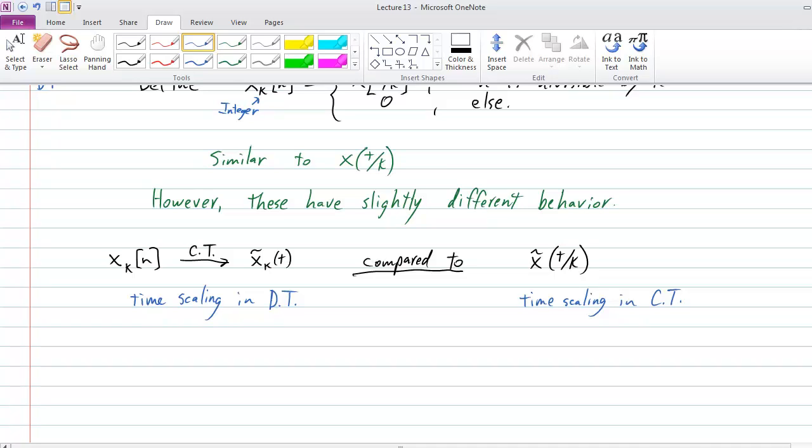Okay, is this big enough? I know the color is a little hard to read, but okay. So this is what we defined as taking a discrete time signal and turning it into continuous time.